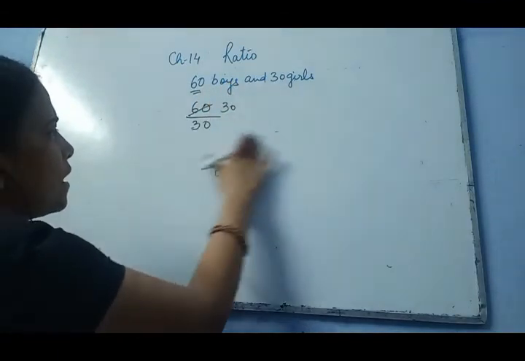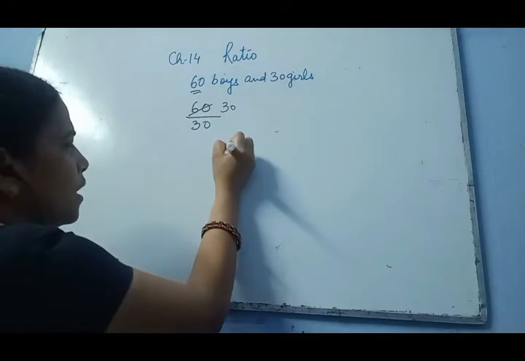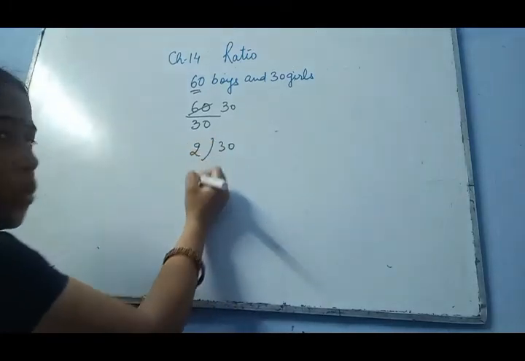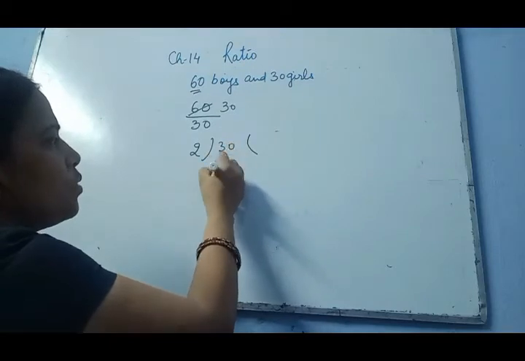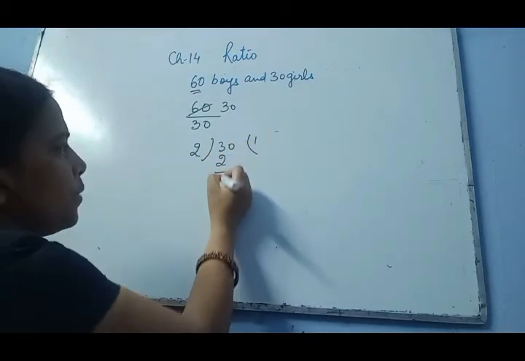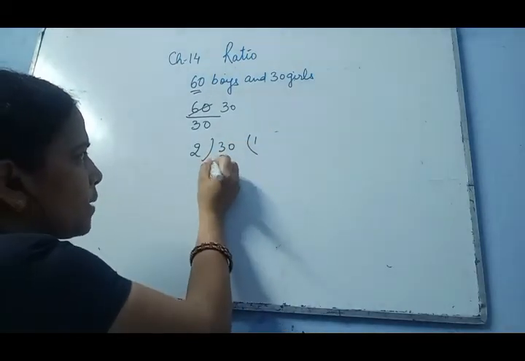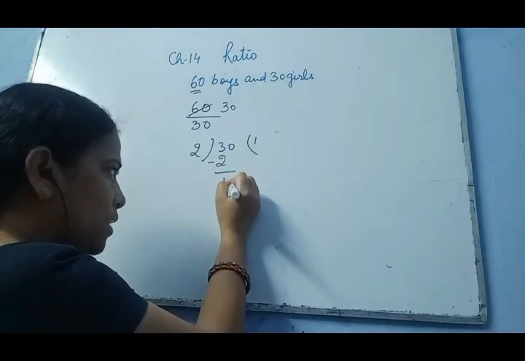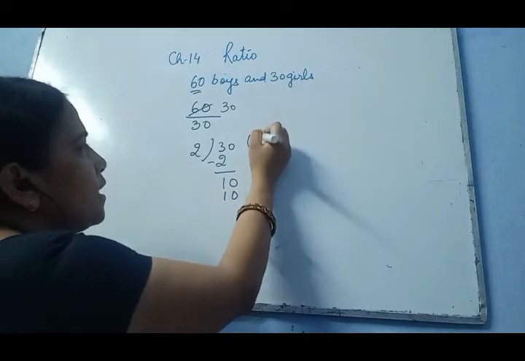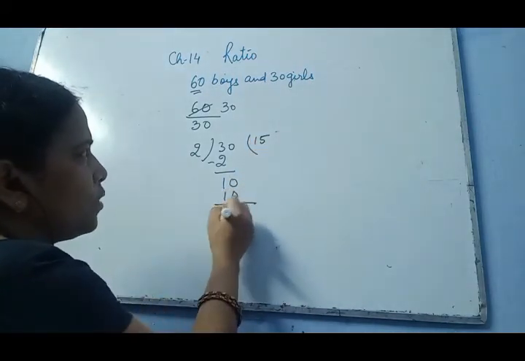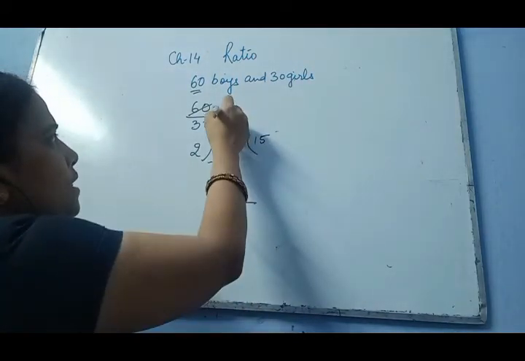And now divide this 30 by 2. What do you get? 2 1s are 2, 1 over here, bring 1 down. When you subtract, you get 10. So how many times? 2 5s are 10, no remainder over here, that means 15.